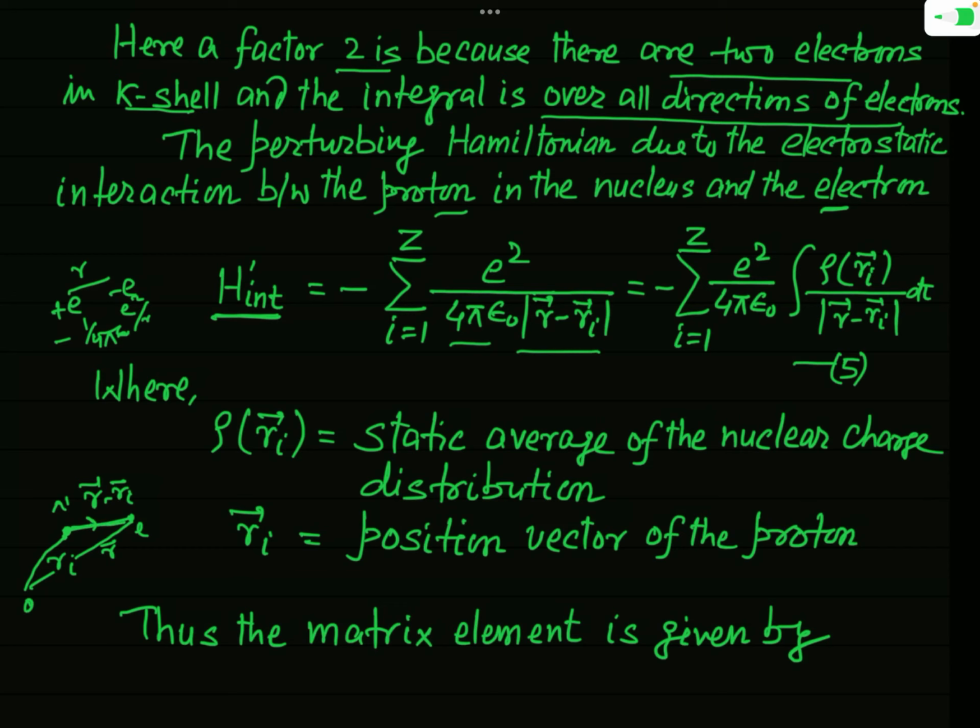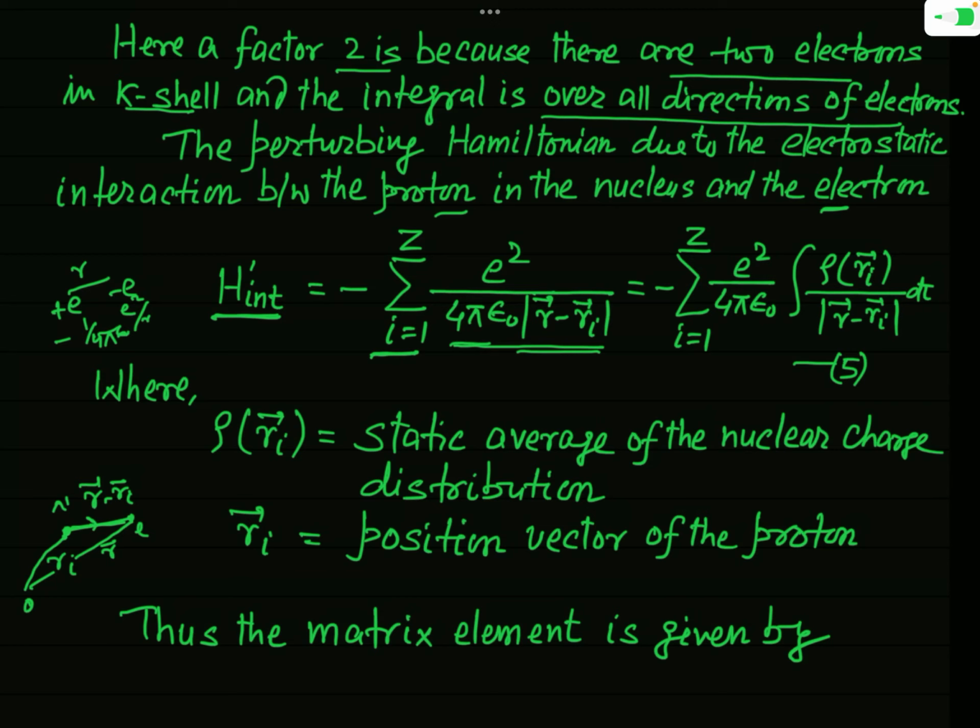But as our nucleus contains Z protons, you have to make the sum of the potential energy for all the protons. So the total potential energy will be given by the sum of e squared over 4π ε naught times mod of r minus R_i, where the summation runs from i equal to 1 to Z. But as you know, the protons are not discretely distributed inside the nucleus, so we must assume that the charge distribution inside the nucleus is continuous.